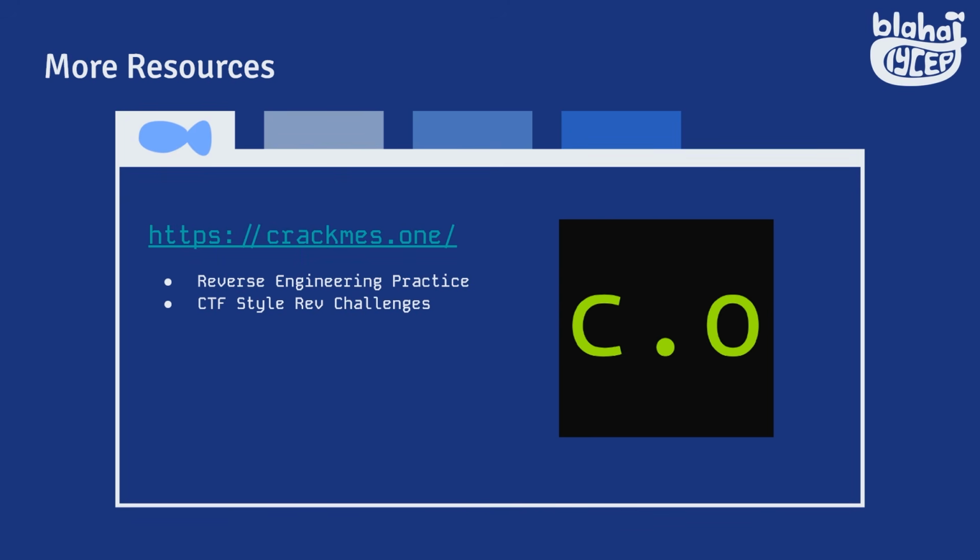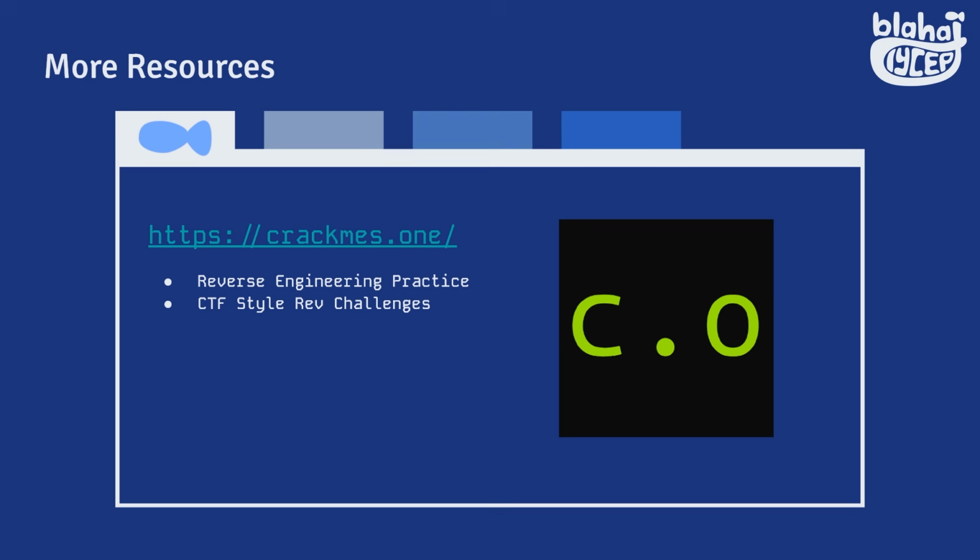If you want to do practice challenges for reverse engineering that are more CTF-like, something like find a flag, reverse engineer the algorithm, crackmes.one is a good resource. I know some of you might have tried picoCTF before. Pico does have decent reverse engineering challenges, but they're not great.